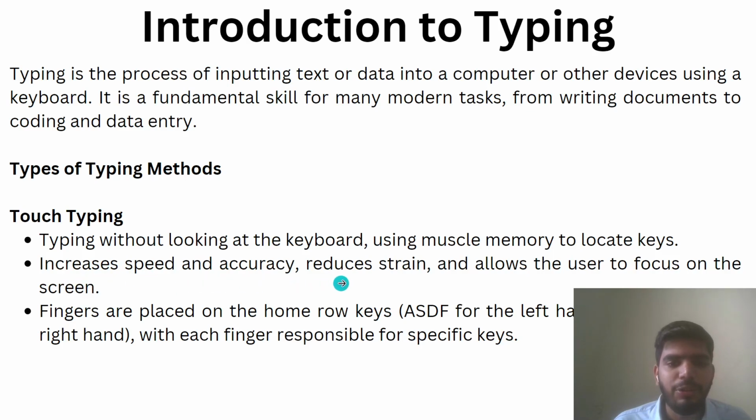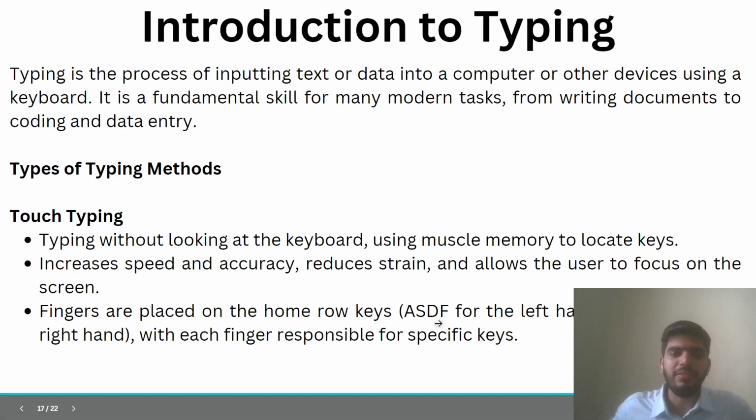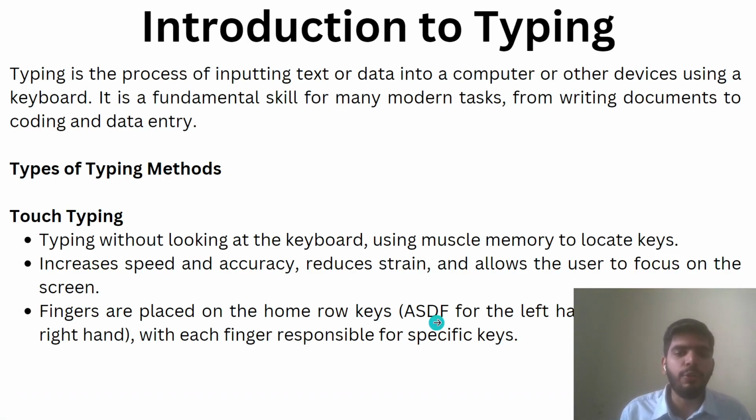Touch typing increases speed and accuracy, reduces strain, and allows the user to focus on the screen. Now fingers are placed on the home row, like A, S, D, F for the left hand and J, K, L for the right hand, with each finger responsible for specific keys. Now, this is actually a rule, but you don't have to follow this.